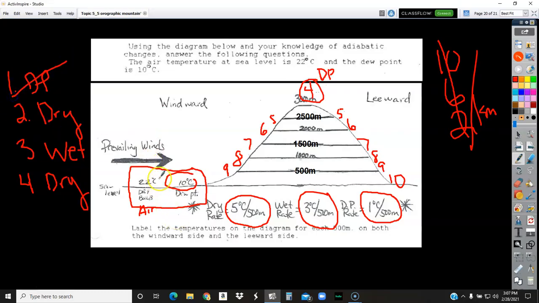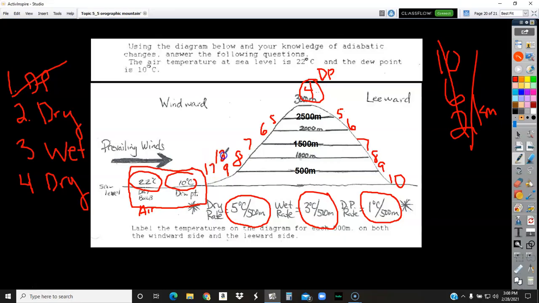Dry rate. I got 22. Again, it's 10 for every kilometer, but now we're going to do 5 because it's half a kilometer. So I'm going to subtract 5 until I have equals. And somewhere I should hit an equal here. The dew point and the air temperature should be equal. So 22 minus 5 is 17. Is 17 equal to 9? Nope, keep going. 17 minus 5 is 12.